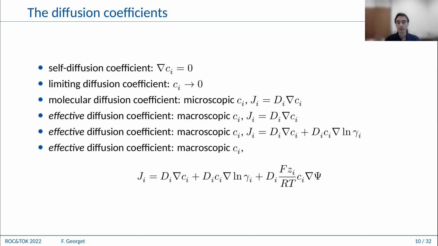For example, here is the Nernst-Planck equation, considering the diffusion in ideal condition, the correction from the non-ideality, and finally, the coupling terms due to the effect of the other ions or the extra potential that can be added to the system. So this is very nice. We have a nice way to define diffusion coefficients in different systems.